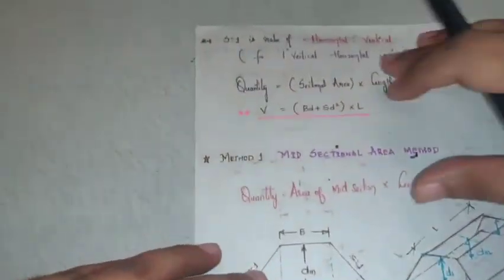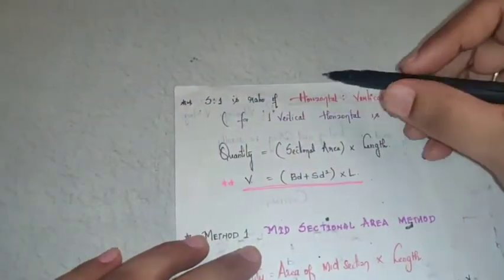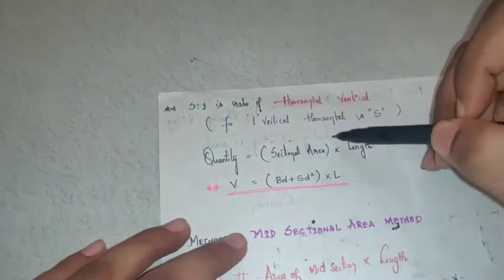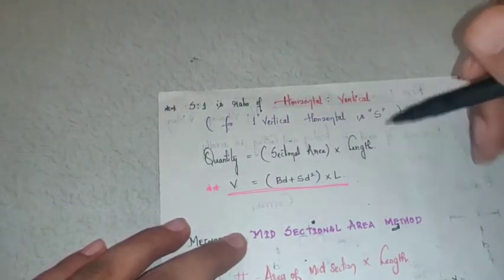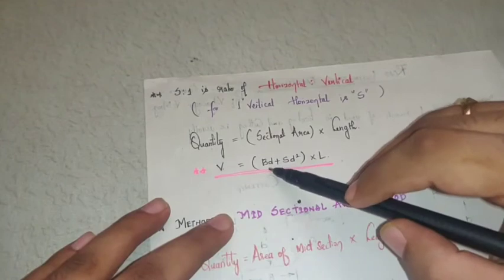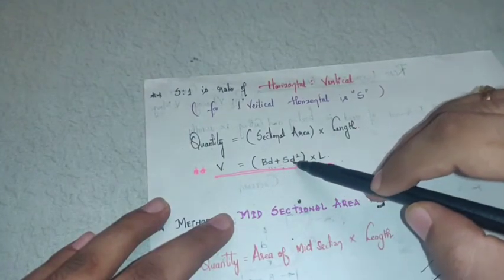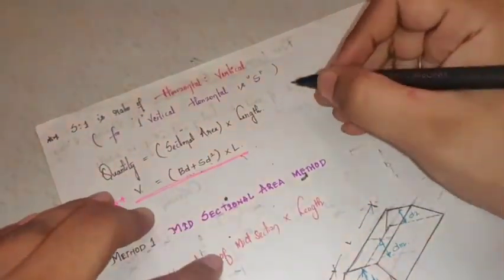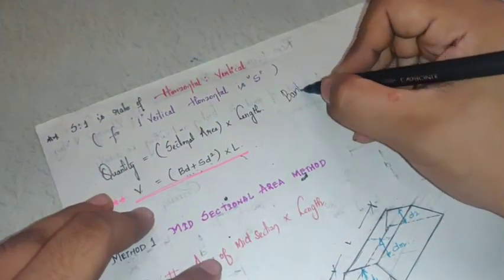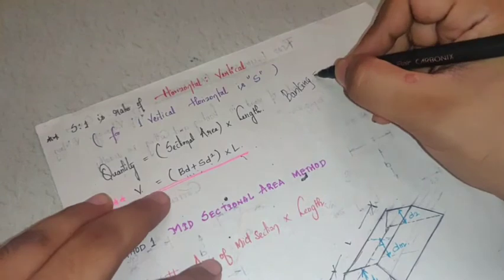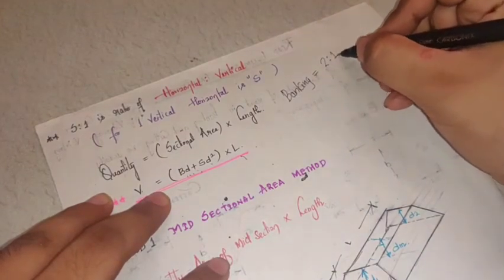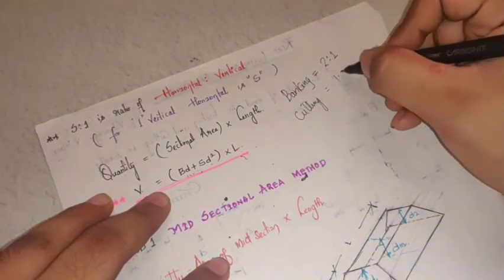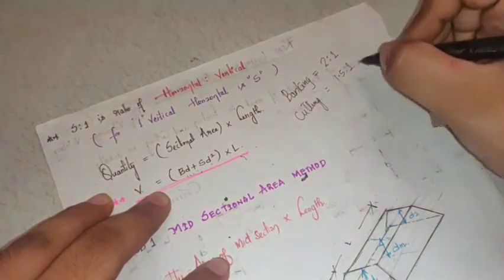Slope is always written in terms of horizontal to vertical. So for one vertical, horizontal is S, and that is the reason it is S into D. So the area is B into D plus S D square. If you multiply that with the length, you will get the quantity in volume. Remember one thing: for banking, the side slope is taken as 2:1. For cutting, the slope is taken as 1.5:1 for embankment.